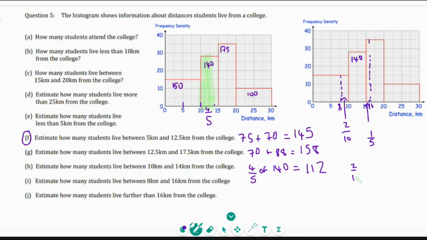So we need 2/10 of 150, which is 30. And we need 1/5 of 175, which is 35.